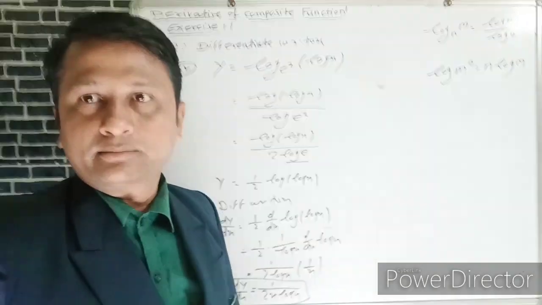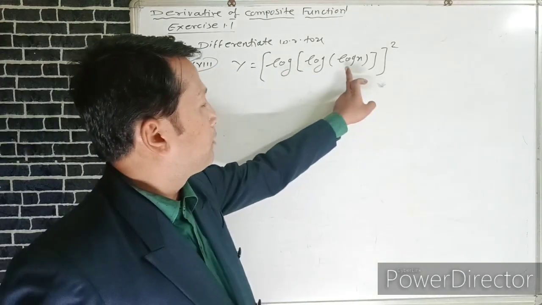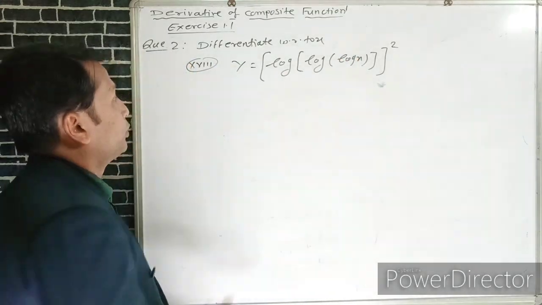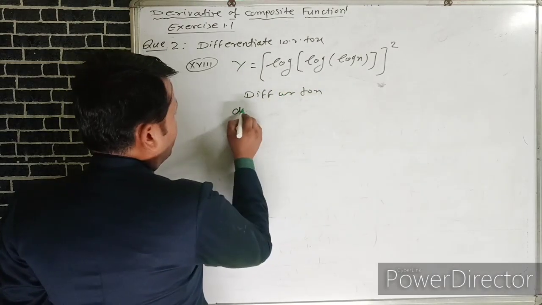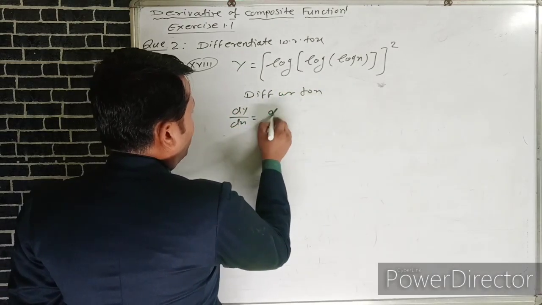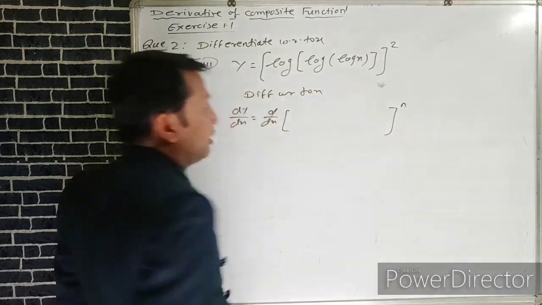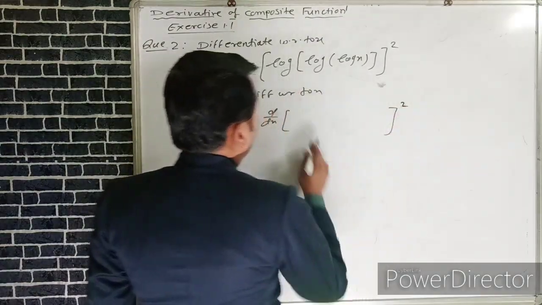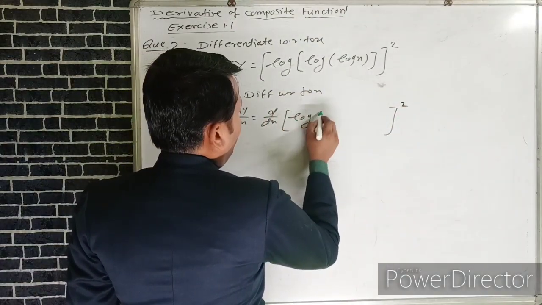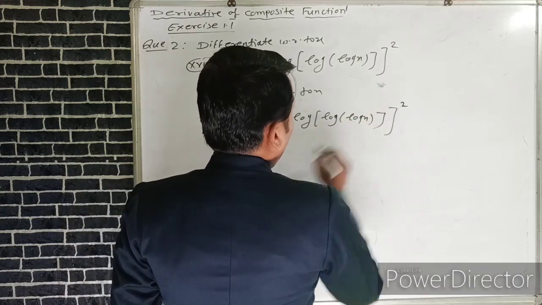Again, function y is equal to log of log x whole raised to the power 2. After differentiating, we can apply here the rule of derivative in the form of x raised to the power n, or f of x raised to the power n. Here the value of n is 2, and this function is log of log x whole bracket square.